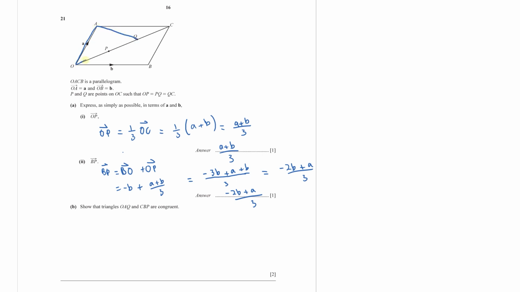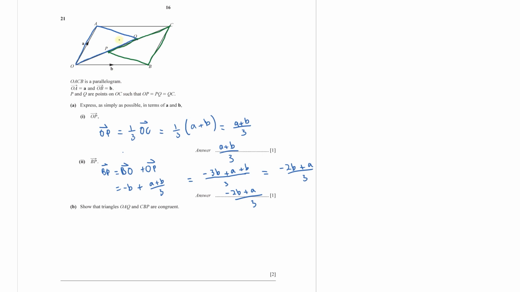So this triangle OAQ, and the other one is CBP. CBP would be this one. So this one right here would be CBP. So now you have to prove that these two triangles are congruent.